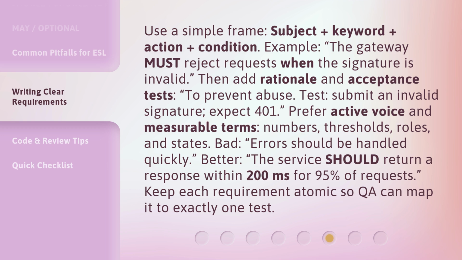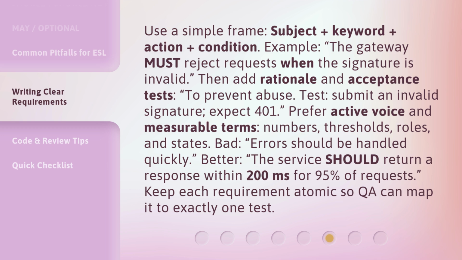Use a simple frame: subject plus keyword plus action plus condition. Example: the gateway must reject requests when the signature is invalid. Then add rationale and acceptance tests. Rationale: to prevent abuse. Test: submit an invalid signature. Expect 401.